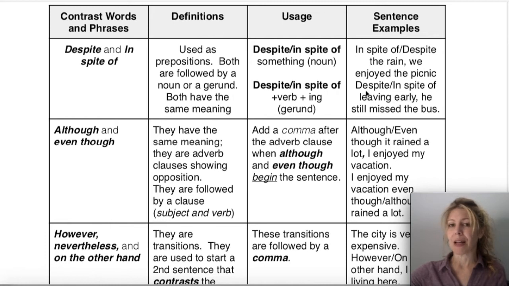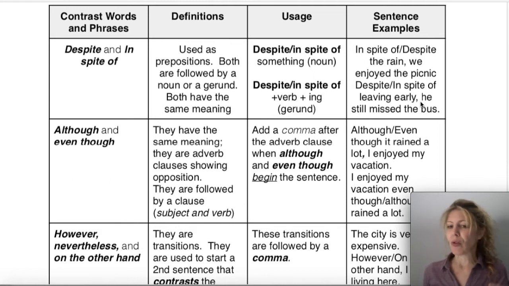How about this one? Despite leaving early, see here's the gerund, despite leaving early, he still missed the bus. In spite of leaving early, he still missed the bus. So leaving early did not help.